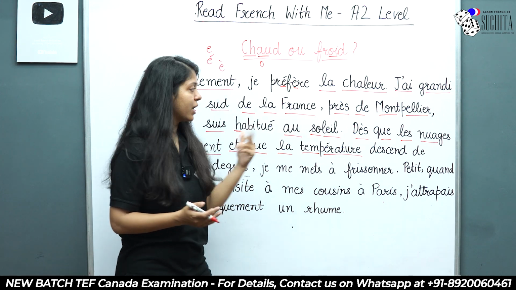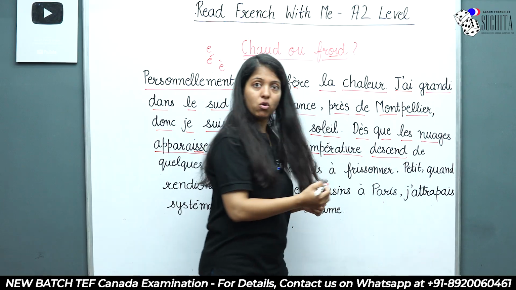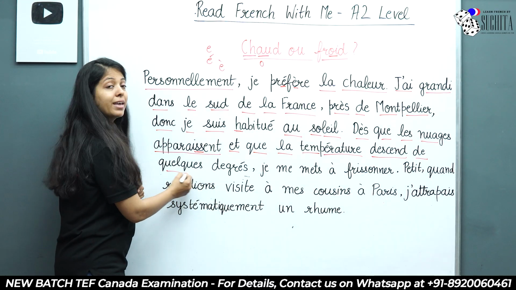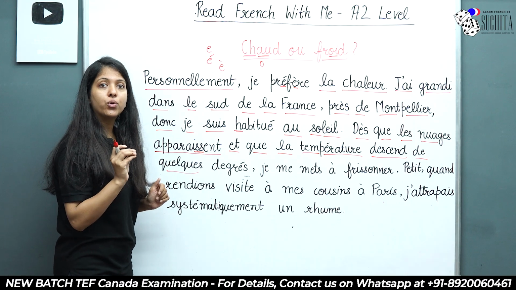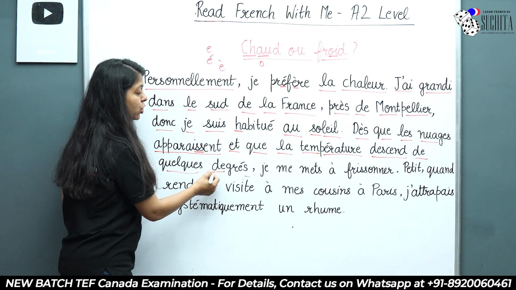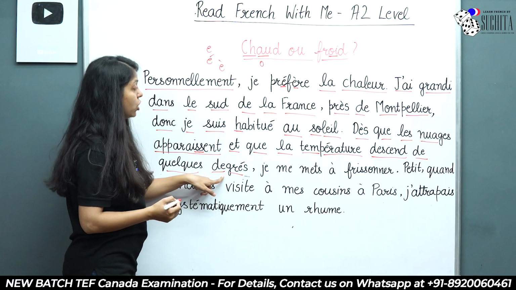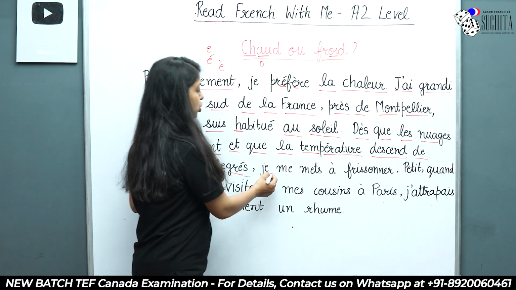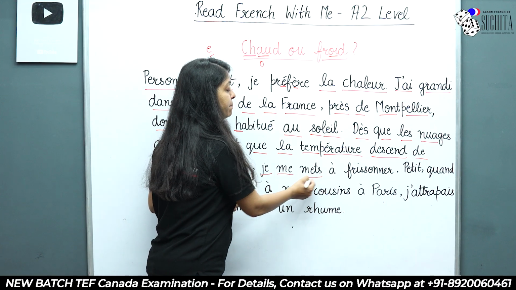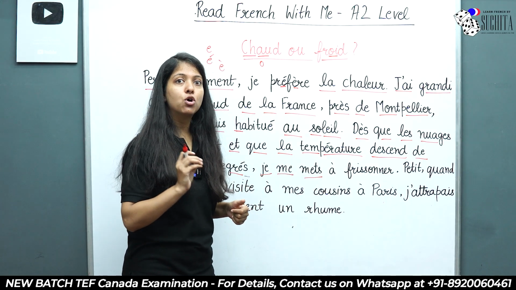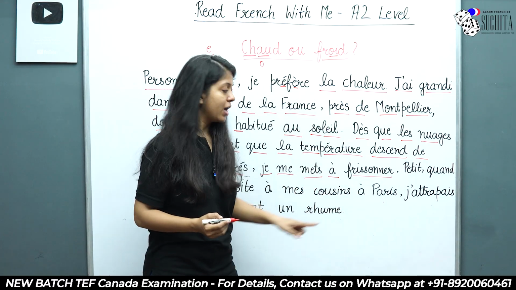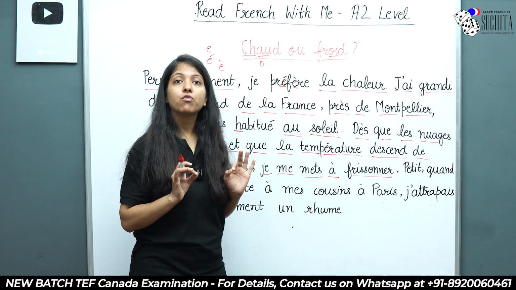Température descend de quelques degrés. This is de because this is a and this is a. So degré. Je me mets à frissonner. Again you have double S, so frissonner.